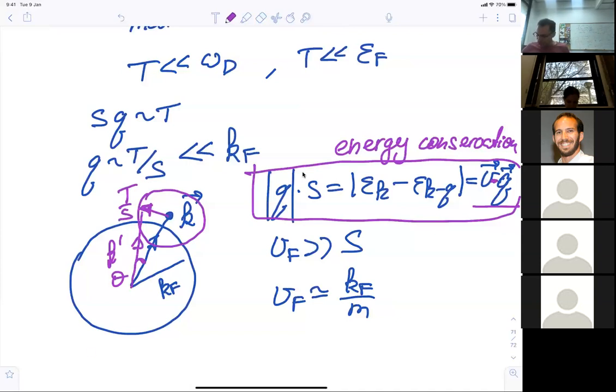And the size of this angle is Q thermal over K Fermi. So it's temperature over S and K Fermi.